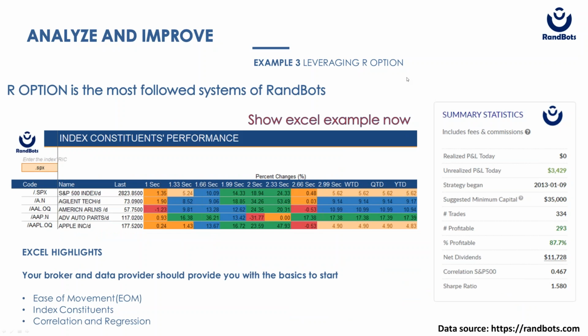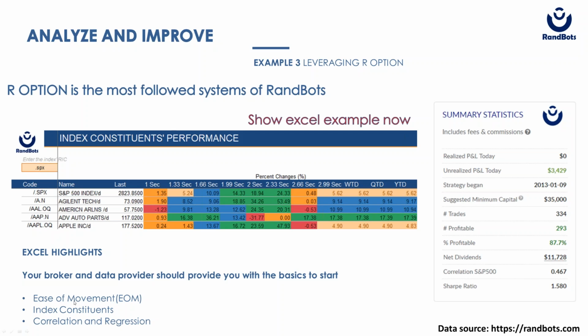So let me show you something that I think could be beneficial for you to do in Excel and find how you can improve your trading based on computer information. So let me show you the Excel, and we're going to review a couple of indicators that I like.